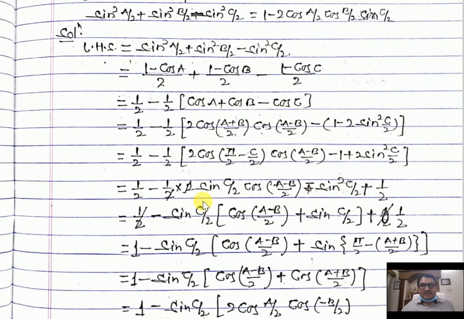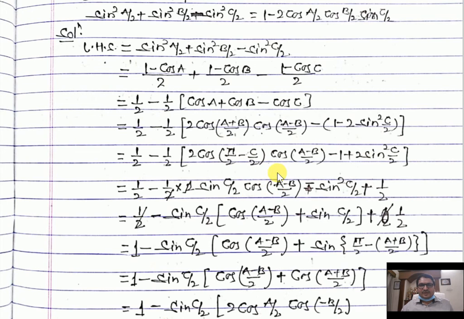Now again apply cos c plus cos d for cos a plus b. So 2 cos a plus b by 2, cos a minus b by 2, and then cos c you can write in terms of sine, because on the right hand side one term is given in terms of sine c upon 2. So cos c we can convert in terms of sine, and a plus b upon 2 you can write pi by 2 minus c.